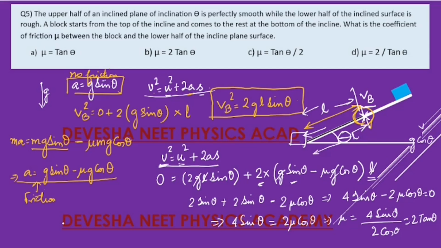So the answer is mu is equal to 2 tan theta. The answer in this case will be option B.